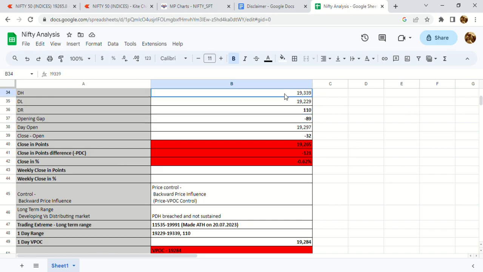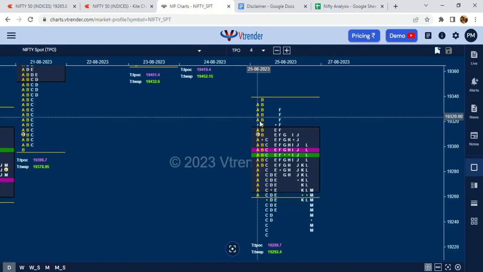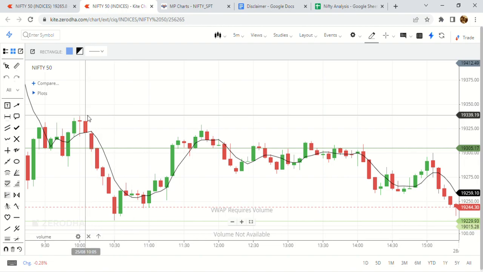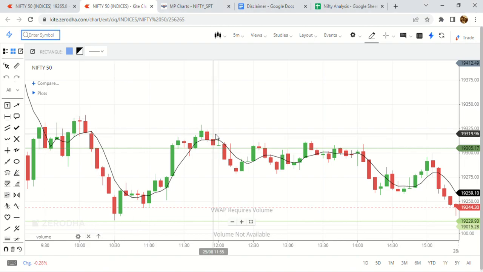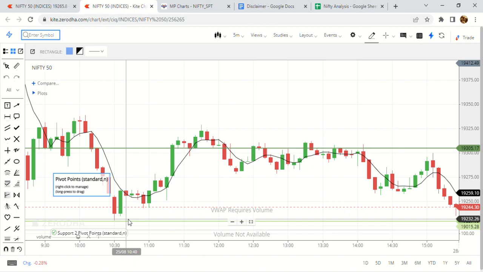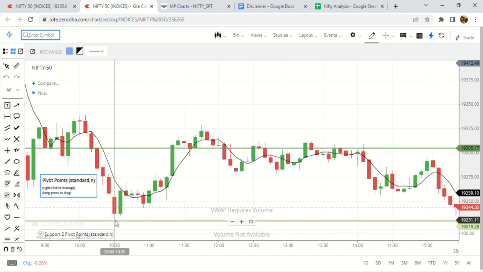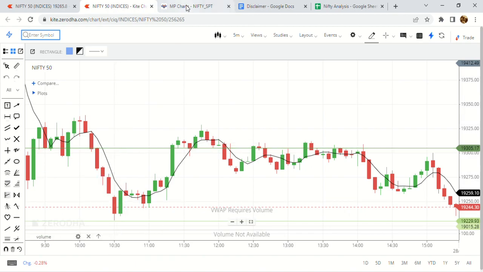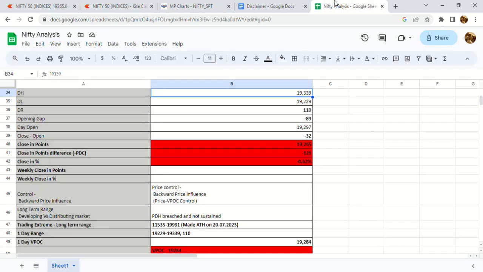It has made a high of 19,339 in B period, that is in this period. Again market has got reversed and made a low of 19,229 in C period.